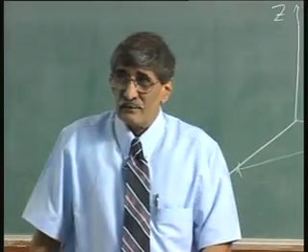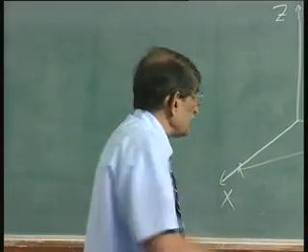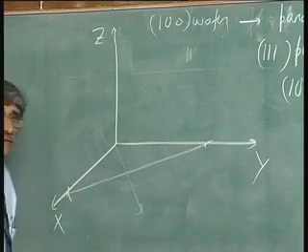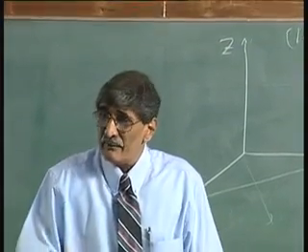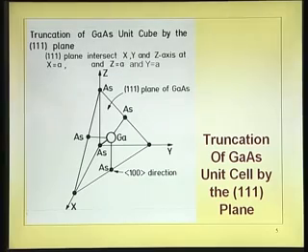So, it intersects there. If I just draw a line here parallel to that, just cleave it, if silicon, it will cleave along this plane, which is making an angle of 54.7 degrees.